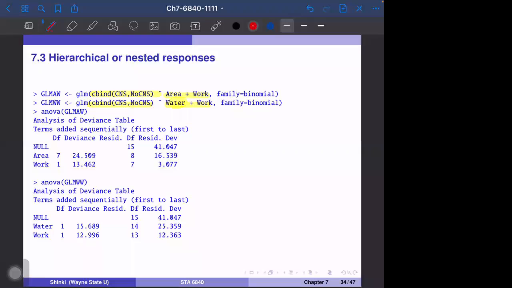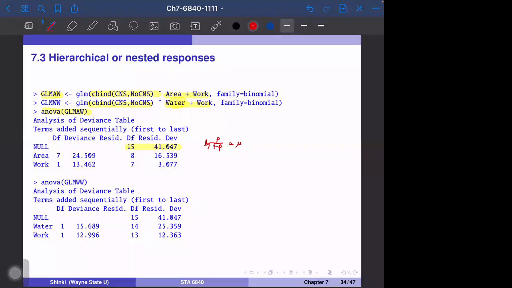I haven't shown each coefficient, but this is the ANOVA table for each regression. For the first regression model, GLMAW, we have this ANOVA table. This is the null deviance. If we don't have any predictor, then basically we regress y, the proportion, on just mu.